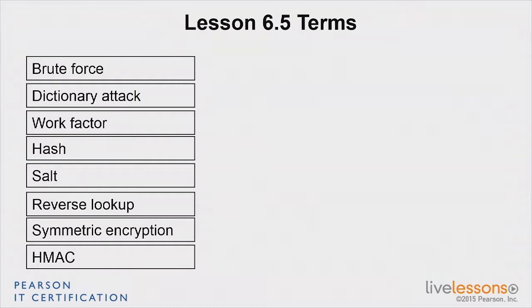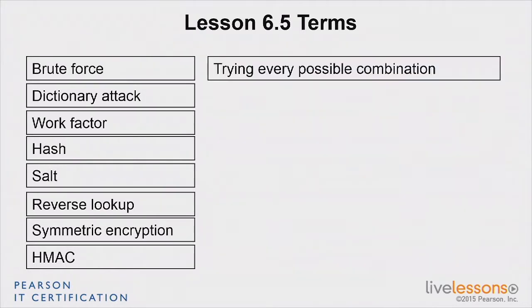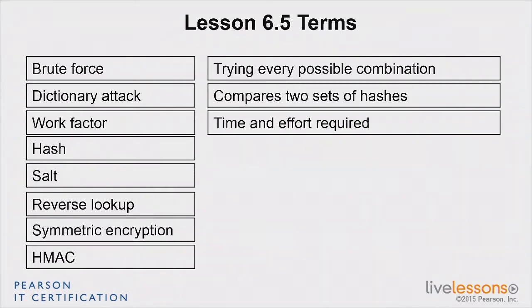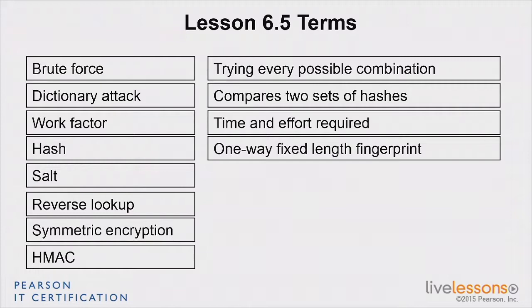Now let's go through our lesson 6.5 terms. A brute force attack is trying every possible combination. A dictionary attack compares two sets of hashes. Work factor is the time and effort required. A hash is a one-way, fixed-length fingerprint or representation.